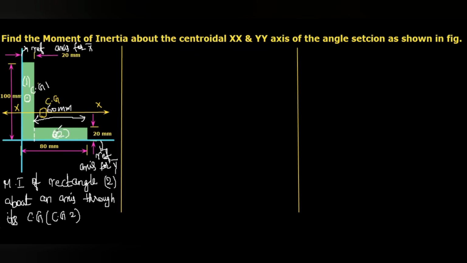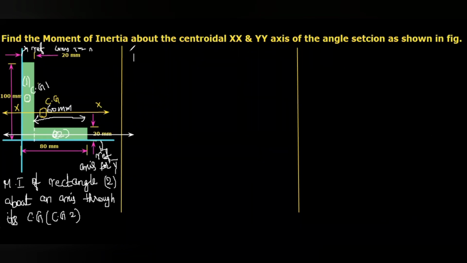So here probably the CG will be there. So moment of inertia with respect to an axis, that means this axis passes through its center of gravity. That one is this axis. Do you understand? That is IG2.